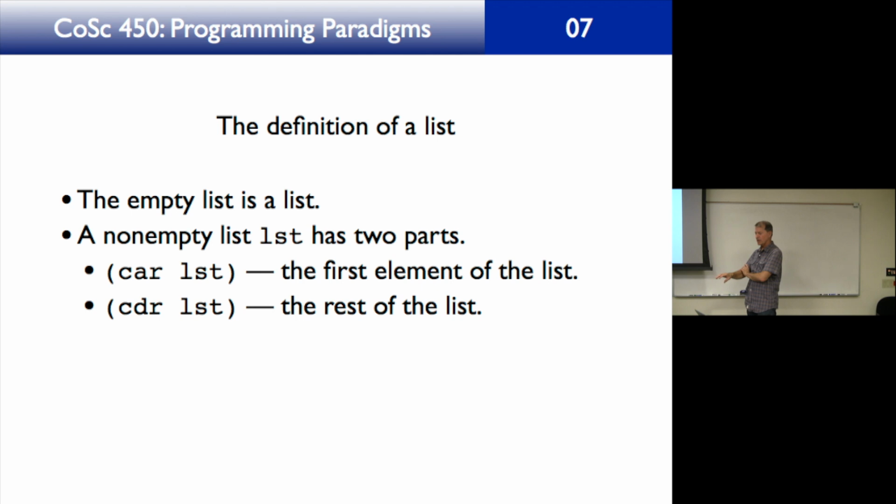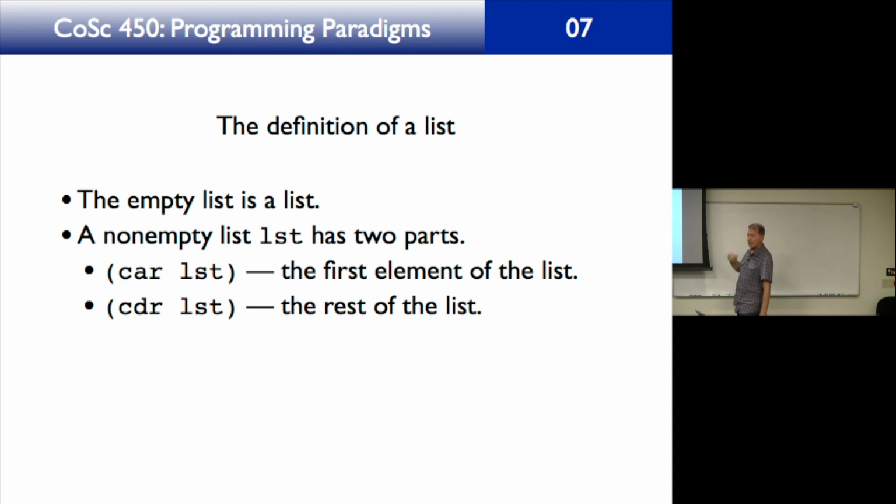If you take the computer organization class, you will see where those registers are in a typical CPU. Car is an acronym for the contents of the address register, and cdr is an acronym for the contents of the data register. They were very low level acronyms for hardware that just happened to be the way Lisp was developed on the very first machine. That's just historical. You don't have to know any of that.